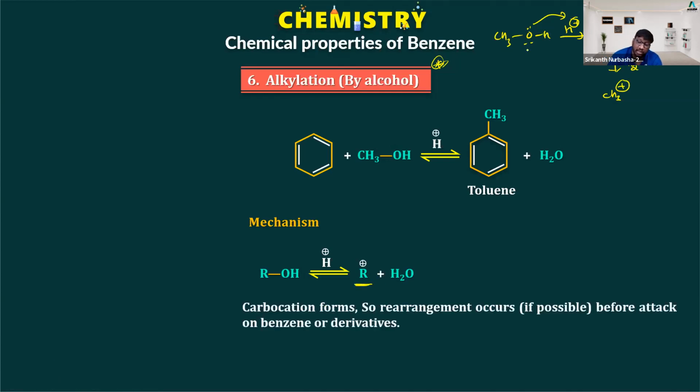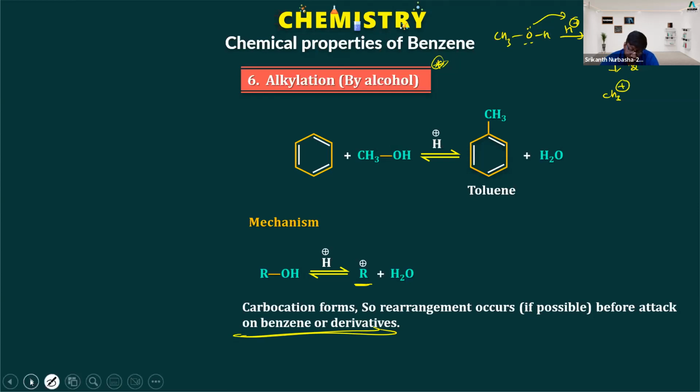Here we have taken CH3 plus, so no rearrangements. If we have a bigger carbocation, then rearrangements can be possible. Because the carbocation is formed, it can rearrange to form a more stable carbocation before the attack on benzene or derivatives, and then the reaction can happen.